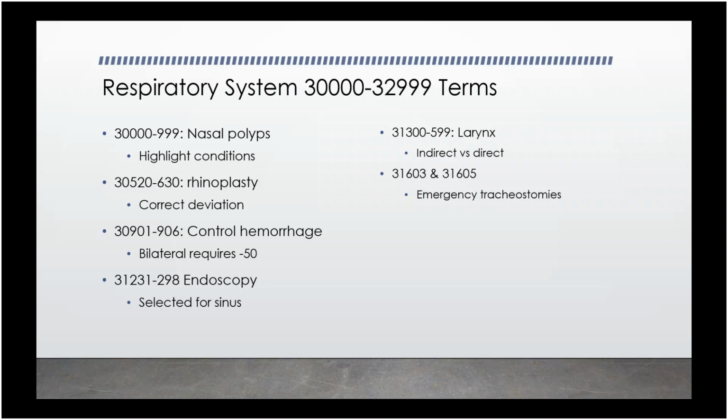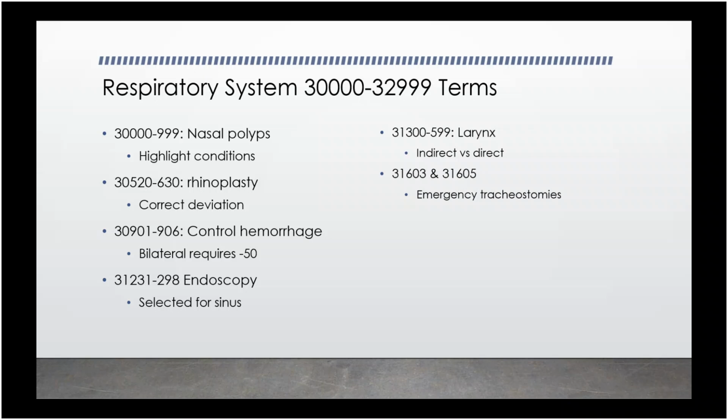For bilateral, you're going to use a modifier 50 on these. A lot of the other procedures are bilateral procedures, so you want to make sure that you know which ones need a modifier 50 to appropriately select the right answer for your certification exam.